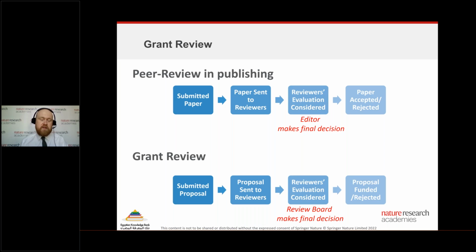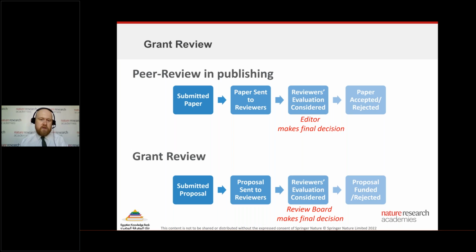Now, the grant review process is fairly similar. A proposal is submitted to a funding body. The proposal will then be sent to reviewers. These will be experts within the field, similar to peer reviewers. The reviewers will then evaluate the proposal and provide their recommendation to the review board. The review board will make the final decision, and then at the end of the process, typically, the proposal will either be funded or rejected.